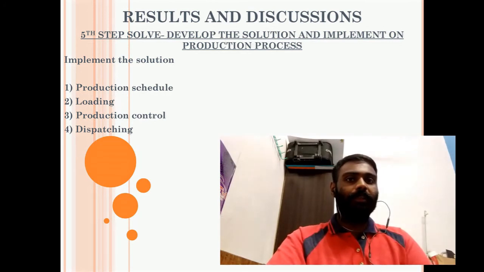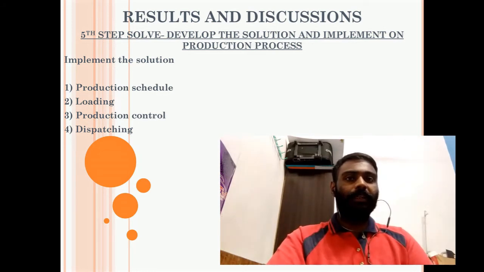The fourth is dispatching. Dispatching involves issue of production orders for starting the operation. Necessary authority and confirmation is given for movement of material to different workstations, movement of tools and fixtures necessary for each operation.